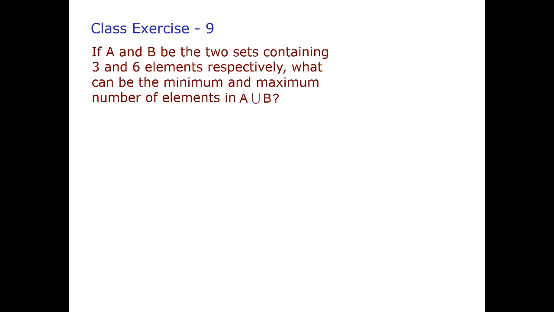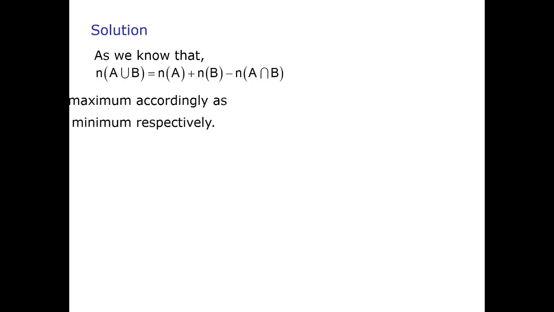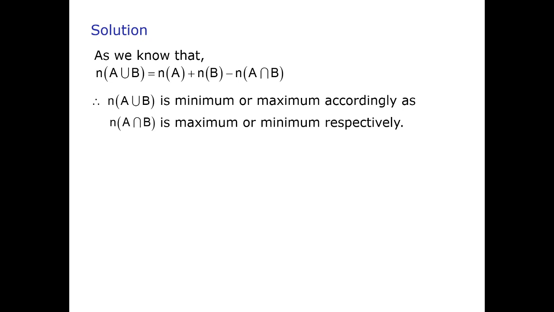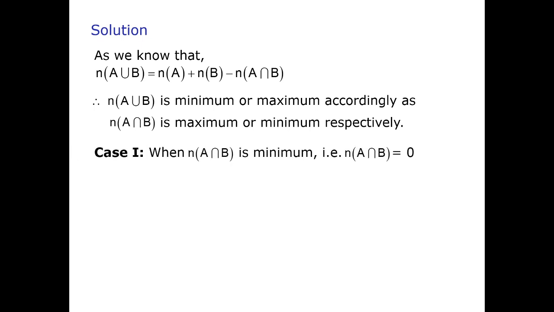A and B are two sets containing 3 and 6 elements. What can be the minimum and maximum number of elements in A union B? It's an interesting question. Let us discuss. You know this formula. A union B is minimum or maximum accordingly as the intersection is maximum or minimum respectively.